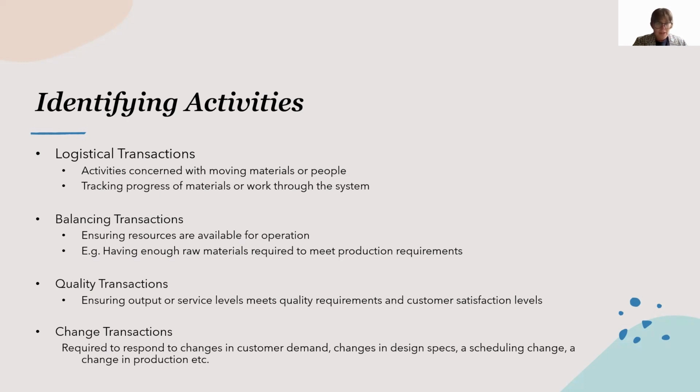Then quality transactions. We must ensure that our output or service levels are going to meet our quality requirements as well as our customer satisfaction levels. And we also have change transactions. With this, we are required to respond to changes in customer demand, changes in design specs, a scheduling change, and a change in production, essentially keeping up to date with the modern world.